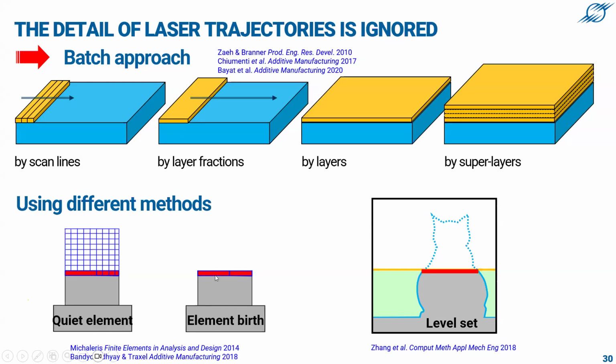Or element birth, you create elements successively. There is one constraint with this method: the mesh must be structured, which is a strong constraint preventing an efficient adaptive remeshing.